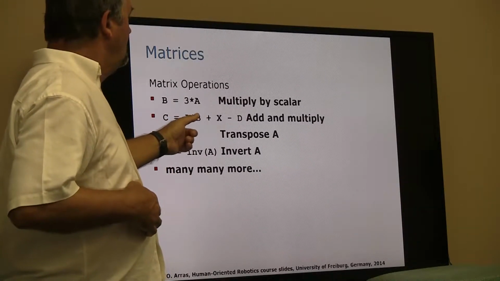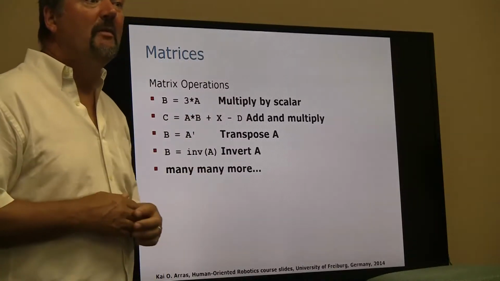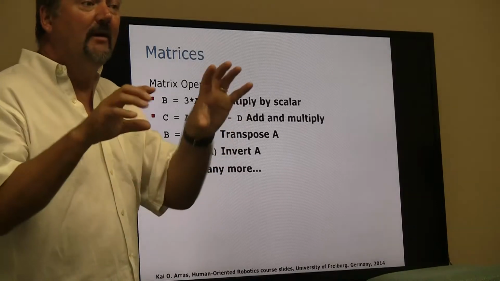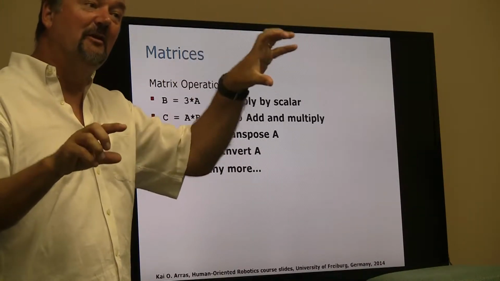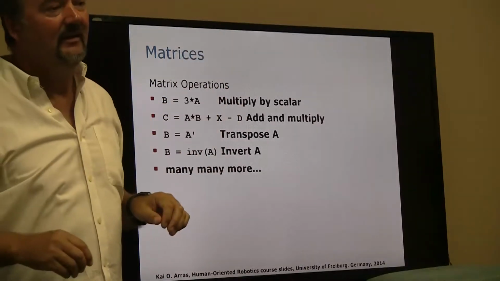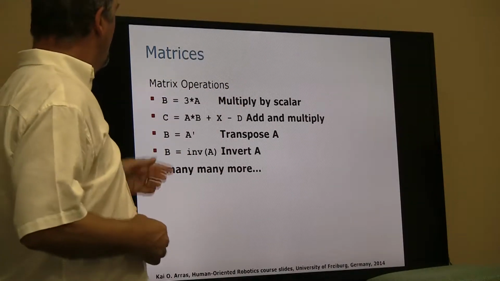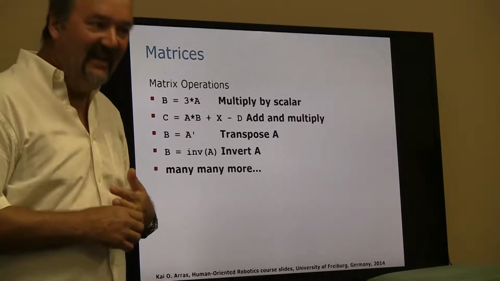No, not necessarily, because A times B will be multiplied correctly if they're arrays of the proper dimension. Here, like you can multiply a 3 by 2 times a 2 by 3 matrix. Correct. And so in that first one, B equals 3 times A, that will only work if A is a 1 by 1 matrix.